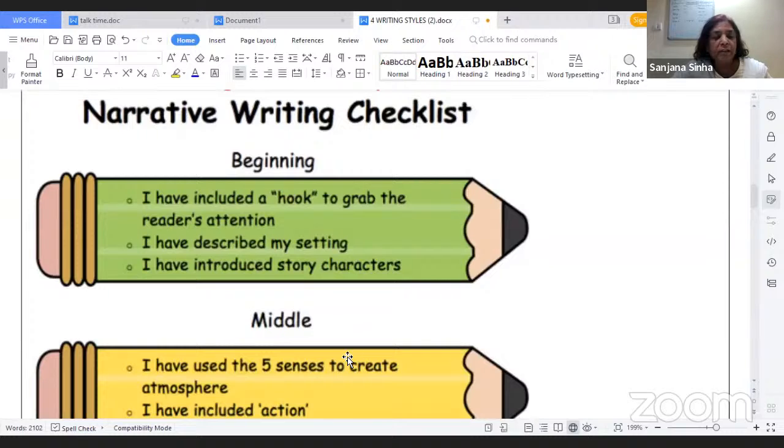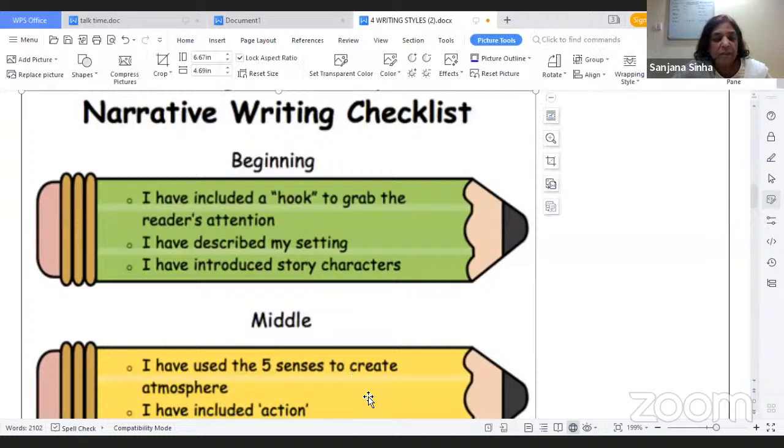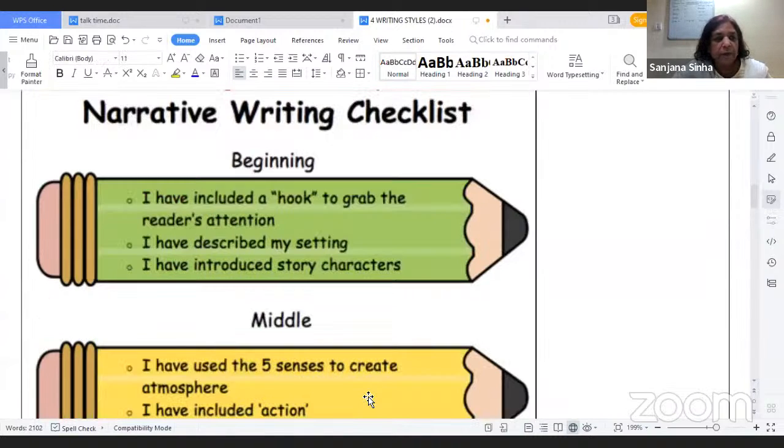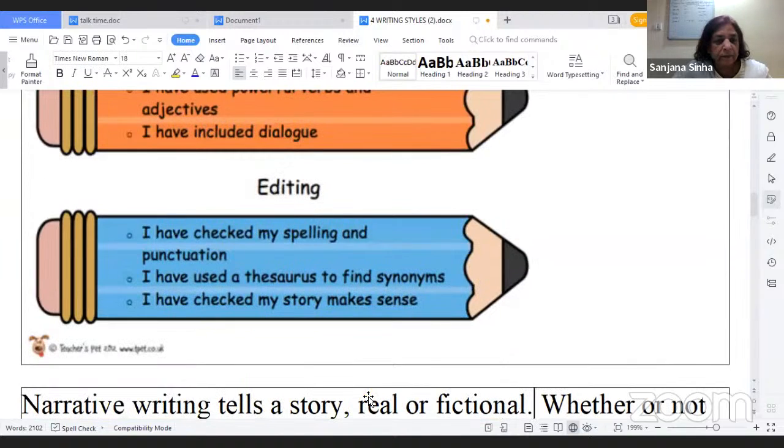And then you include action. After that, what was the action? And then you will include the dialogues. You will include adjectives to describe. You will describe the setting.